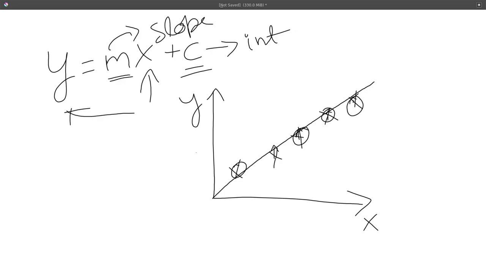So we want to find a line which fits all these points in a way that this cumulative distance is minimal. For example, if a point is here, then the distance is something like this. So the distance between all these points and the line is as minimal as possible, right?